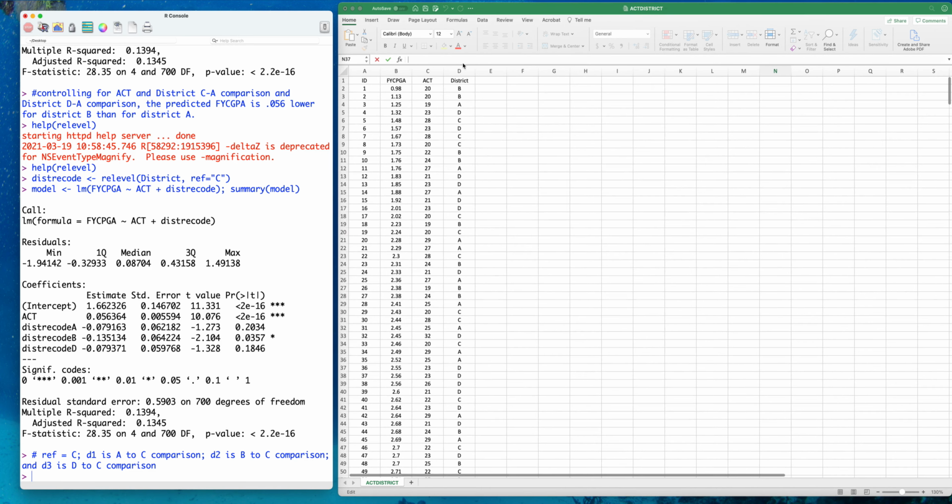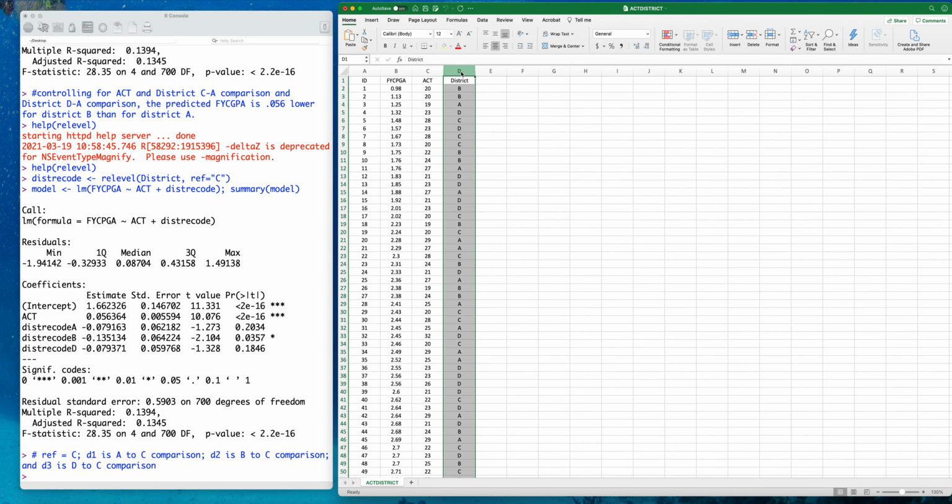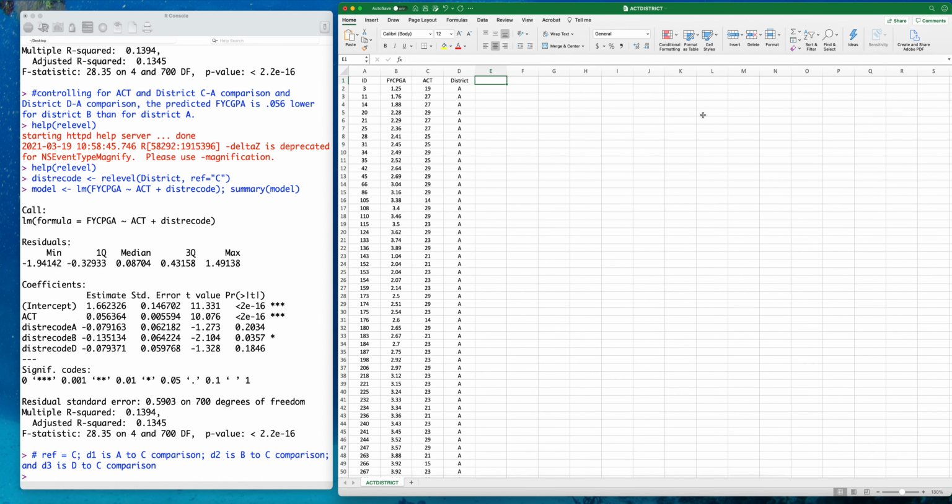So what I'm going to do is just sort my data, expand the selection with my districts, and using some convenient fill down, it works nicely.